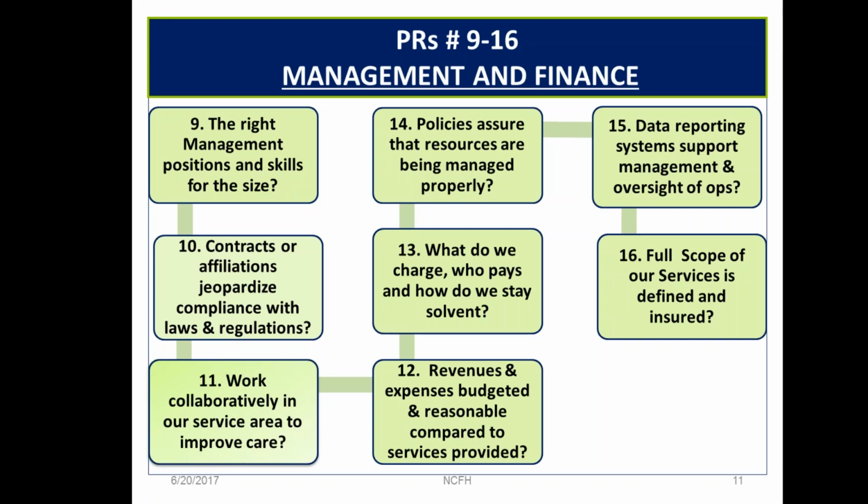Number 15 talks about data reporting systems and support for management and oversight of operations. Only so many words fit on each slide here. Lastly, number 16 is that the full scope of our services needs to be defined and ensured, and we'll talk a little bit more about that as we go forward.